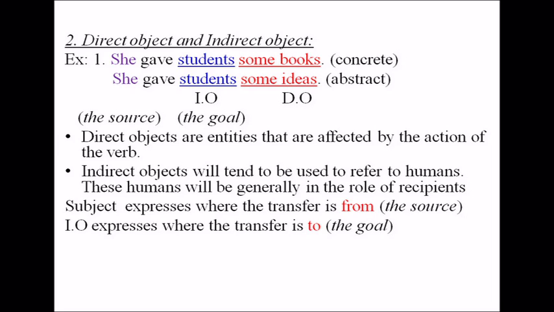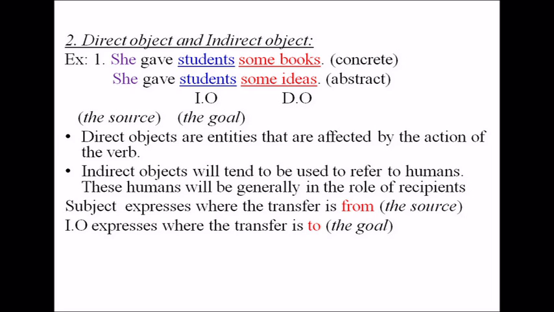So, direct objects are entities. They can be concrete nouns like some books or abstract nouns like some ideas, and they are directly affected by the action of the verb. And indirect objects like students are intended to refer to humans. These humans will generally be in the role of recipients.